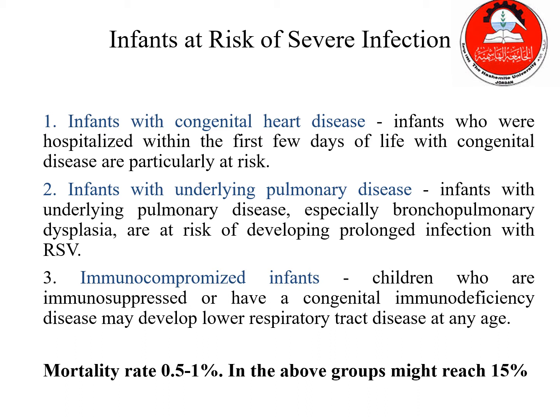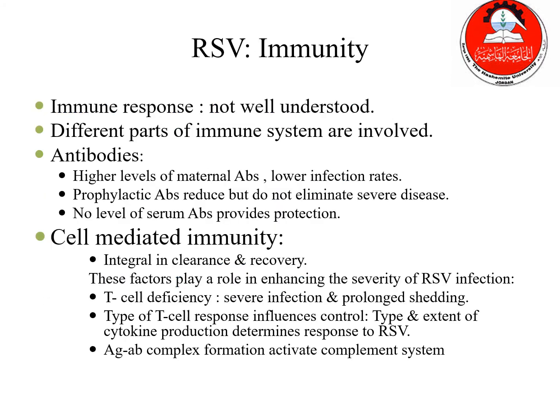In this case, the mortality rate is going to be raised up to 15% if they have any pre-existing conditions such as the ones seen here. This is compared to the mortality rate of 0.5 to 1% seen in normal children.